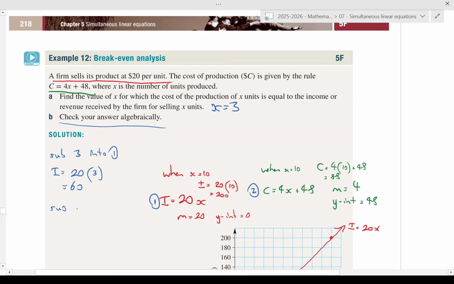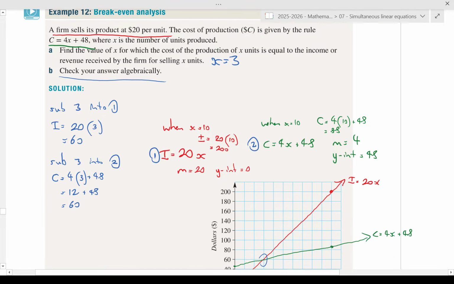Then I'm going to sub 3 into 2. Now, you'll notice I'm not circling the 3. The reason is that it's a number that we're subbing in. We're not subbing it into equation number 3, because I'm using 1 and 2 as names for those equations. So we sub it in there, and we get C equals 4 times 3 plus 48, which equals 12 plus 48, which equals 60. They both equal the same thing.